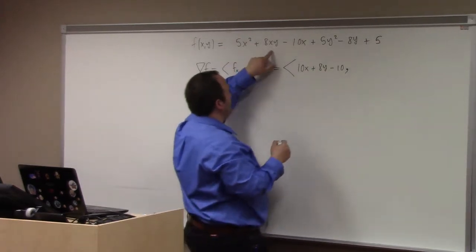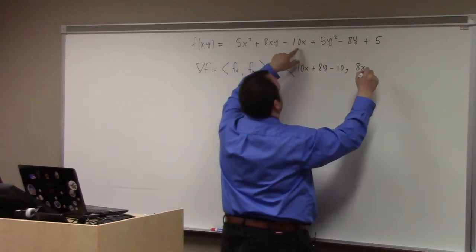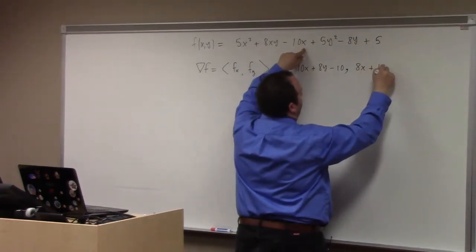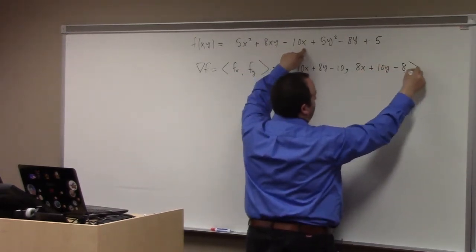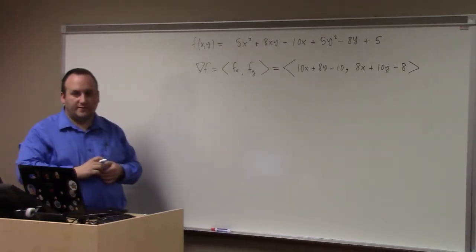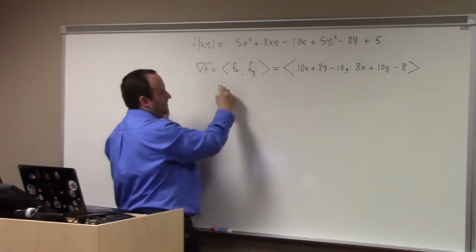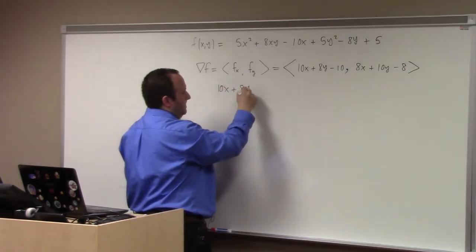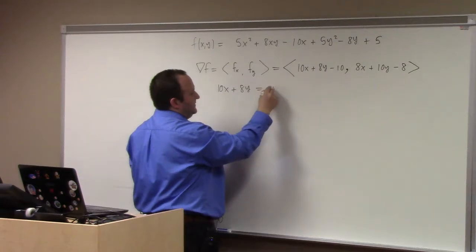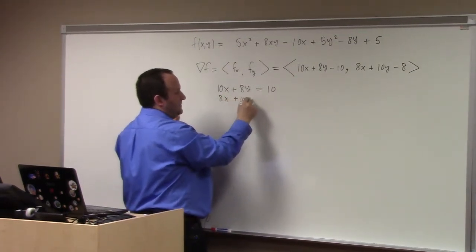Partial derivative with respect to y gives me 8x plus 10y minus 8. So a critical point would be where both of those are 0. Are there any solutions to that? So we've got 10x plus 8y equals 10, and we've got 8x plus 10y equals 8.